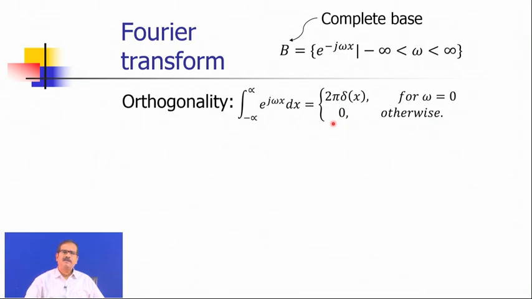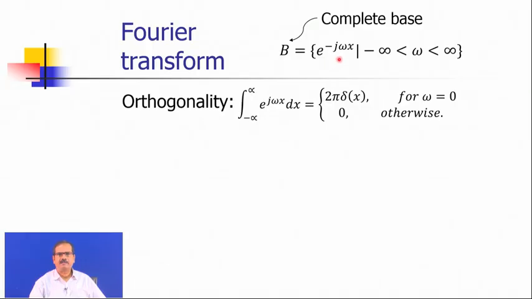One special case of this orthogonal expansion is the Fourier transform, and in this case you can see that the set of basis functions is given in this form. It is a complex sinusoid which is a member of this set.